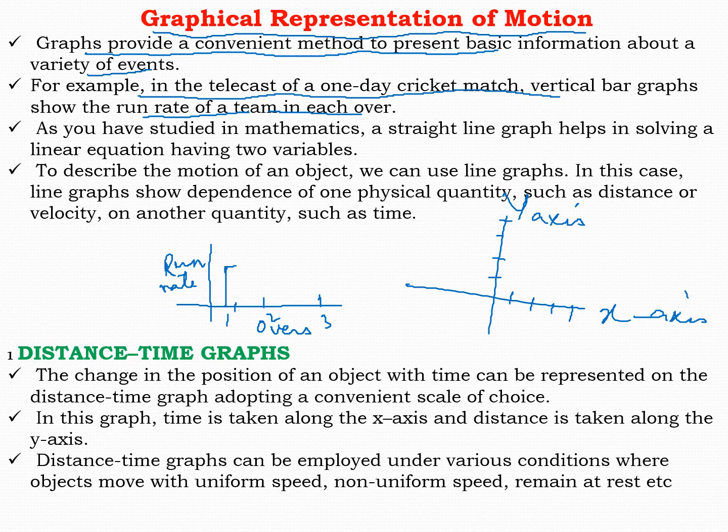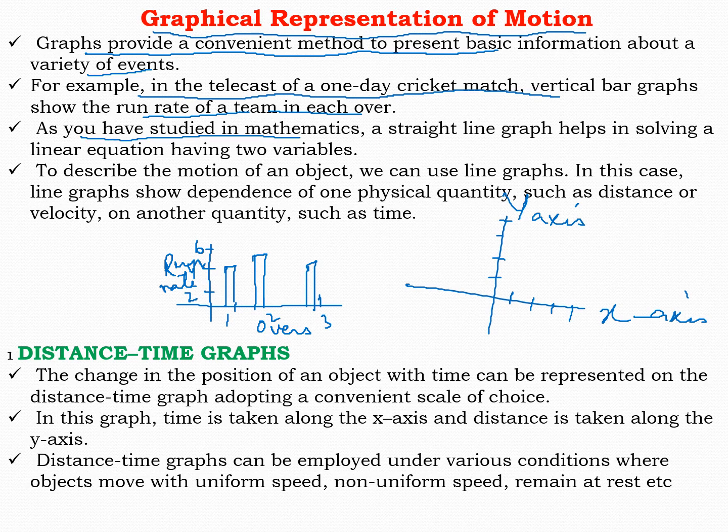Vertical bars for each of them show how much the run rate was for each over. Let us say this is 2, 4, 6. So for every over, the rate is varying. These kinds of bars you have already studied. You know the basics of this type of graph. Isn't it? Bar graph is already taught to you.